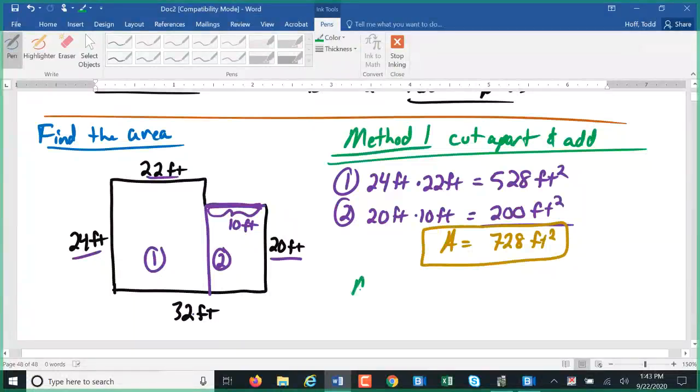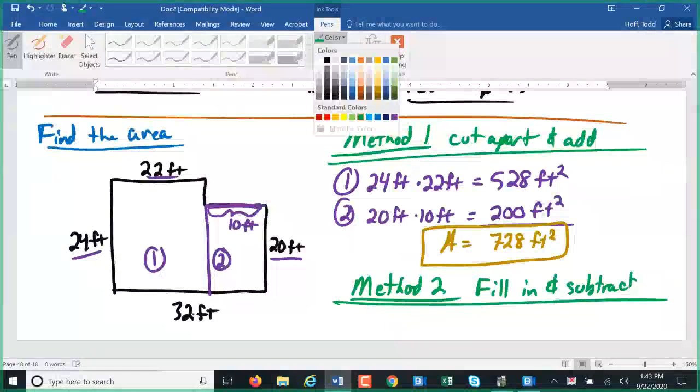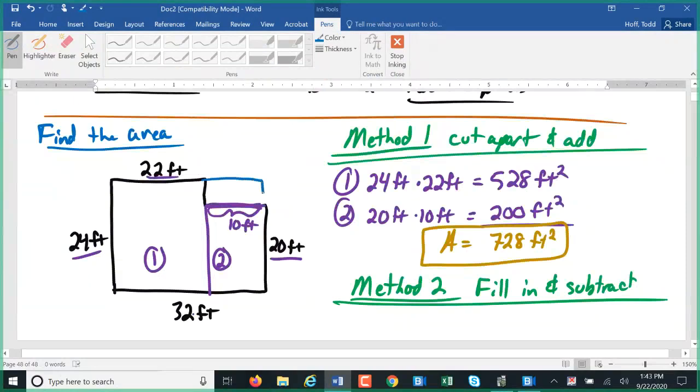Our second method, method 2, is to fill in missing pieces and then subtract them out. Let me show you what I mean. We'd fill in this corner and find the area of that big rectangle.